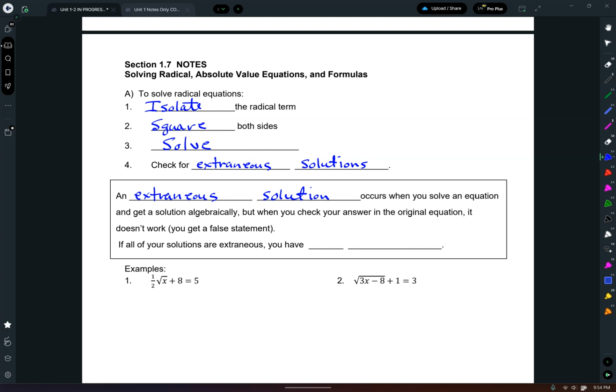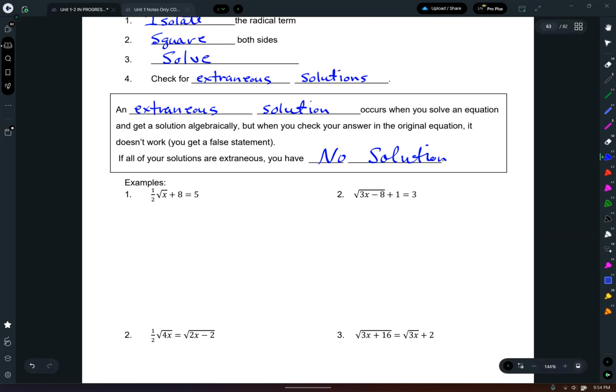You plug everything in and you get a false statement. If all of the solutions that you get are extraneous, then you would have no solution. So basically you have to check your work.